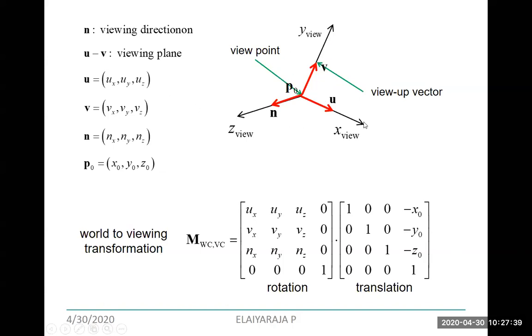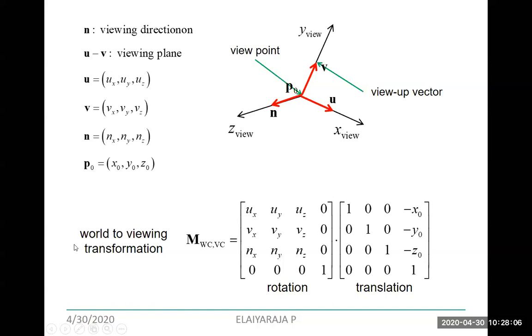This is your viewing plane x and y. This is your viewing direction from Z view. In that case, you have to define the x, y plane values from the coordinate origin point. What is your x comma y comma z value?